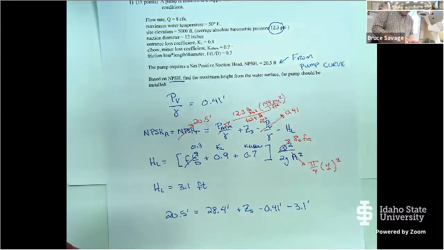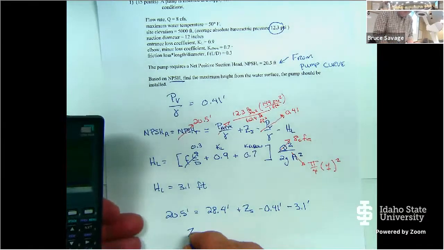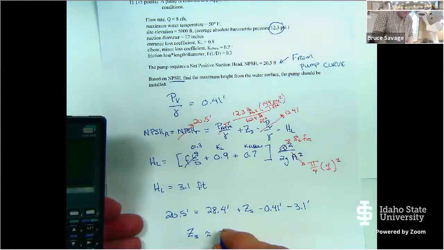And so now, solving this equation, I get Z sub S is approximately equal to a negative 4.4.